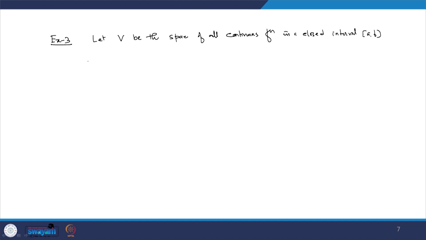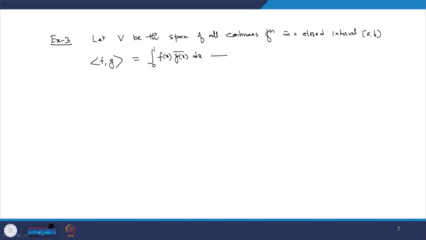Now I will introduce the inner product with these notations, which is basically a function mapping from V cross V to F. For the sake of simplicity, for any elements f and g, the inner product f comma g, I am defining as the integration from 0 to 1 of f of x and g of x bar dx.